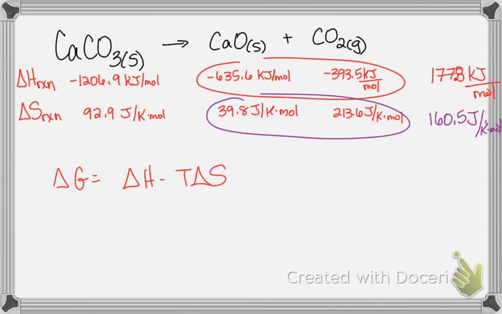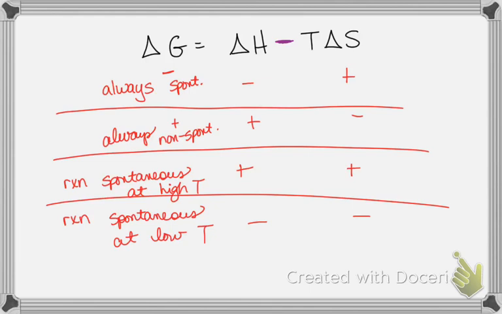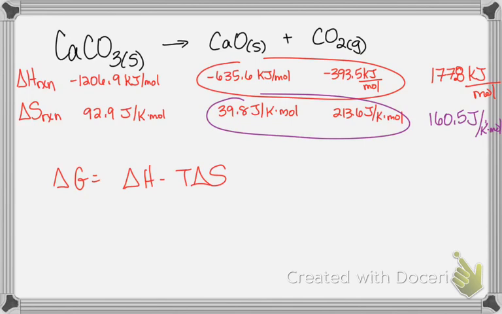And so we know we're looking at both of these numbers are positive, and based on what we said here, this reaction is only going to be spontaneous at a high temperature when they're both positive. So let's calculate the delta G at 25 degrees Celsius. So the delta G is going to be the delta H, which is 177.8 kilojoules per mole, minus T, which is going to be 298 Kelvin.